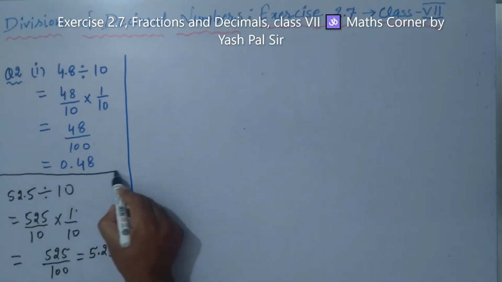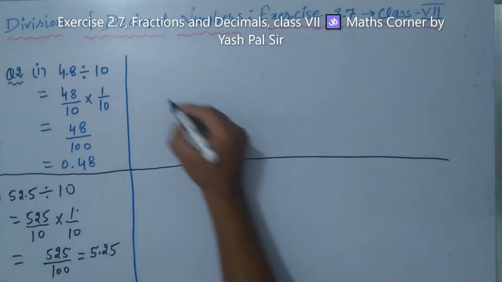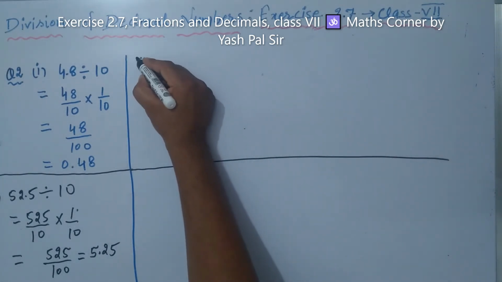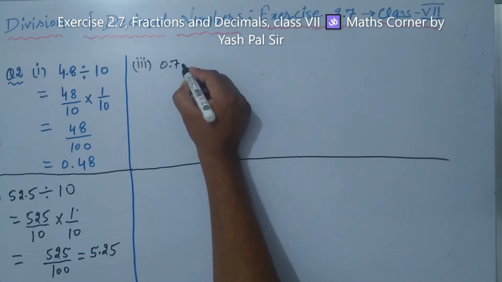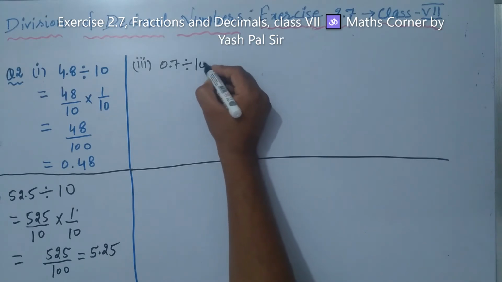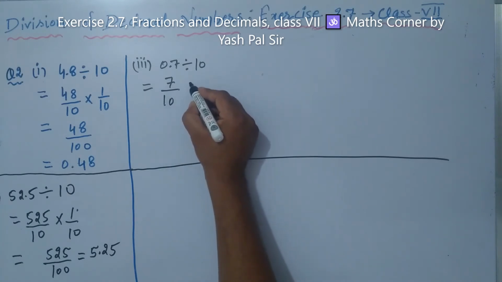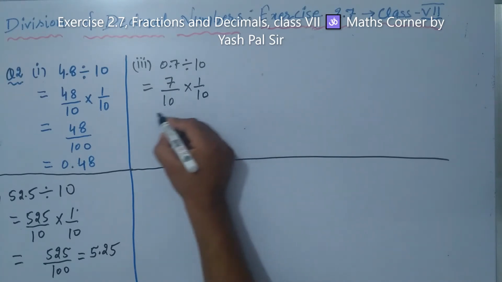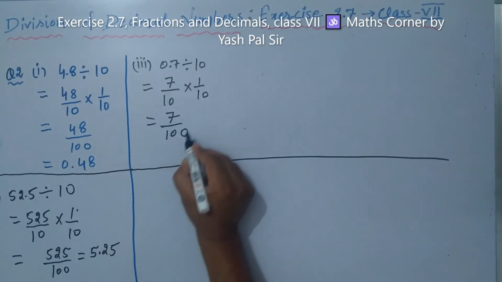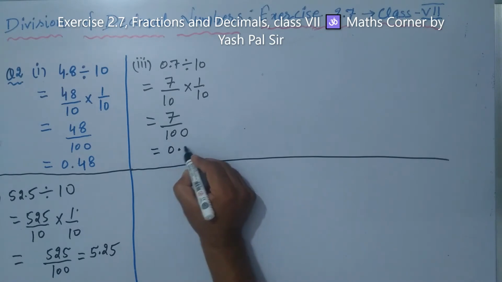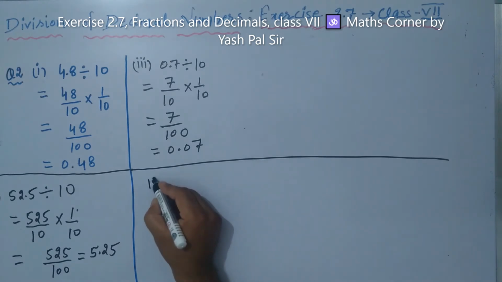So this is part number 2. So now coming to part number 3, we have 0.7 divide 10, which means 7 upon 10 into 1 upon 10. That means 7 upon 100, which is equal to 0.07.